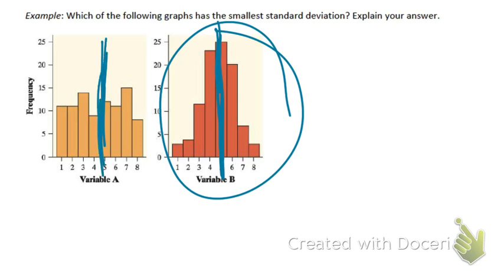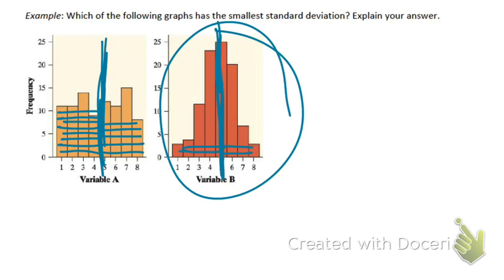So, standard deviation is the distance from the mean. And so on B, I have to go out from 5 to 8 a few times, but look at how many times I have to go from 5 to 8 on graph A. And I have to average in that distance that many times. 10 times, or 11 times on this left side and like 8 times on the right side.